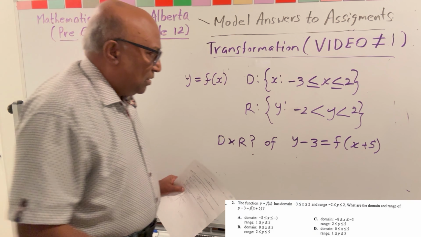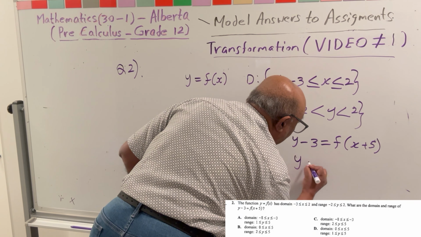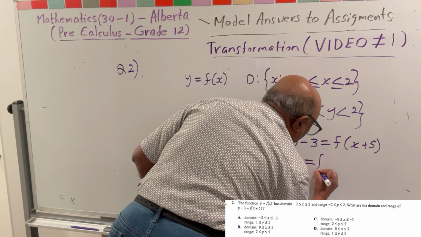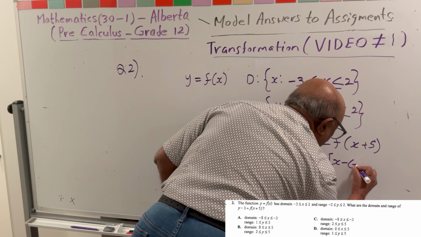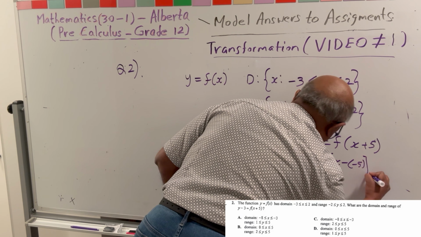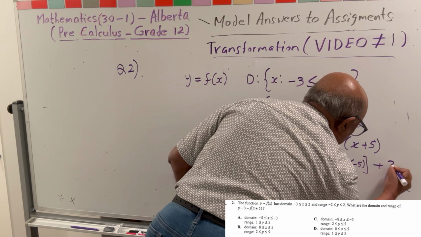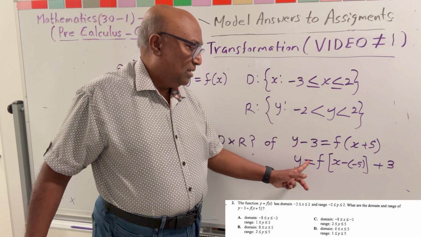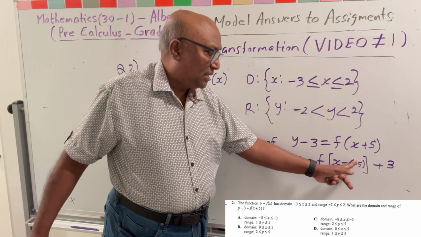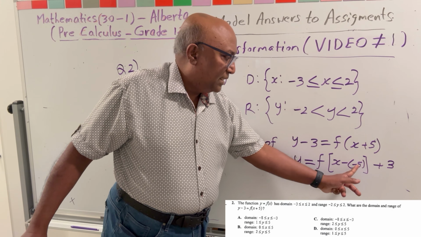Now let's rearrange this equation. y equals f of (x plus 5), you can rearrange this by creating a negative sign here, plus 3, because I rearrange this equation in the standard manner: y equals f of (x minus h) plus k.